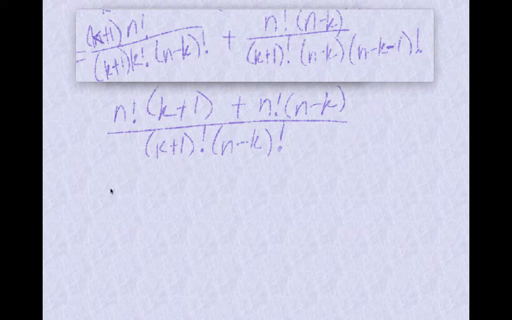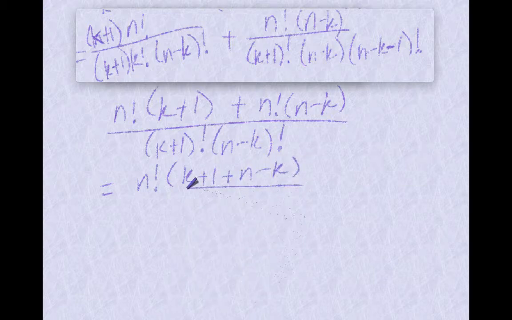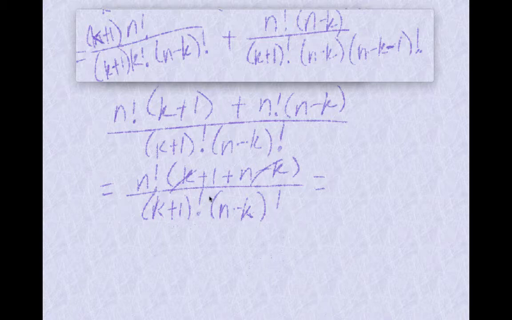Okay. So I'm going to factor out the n factorial on the top. The k's cancel, and I have n plus 1 times n factorial, which is n plus 1 factorial.